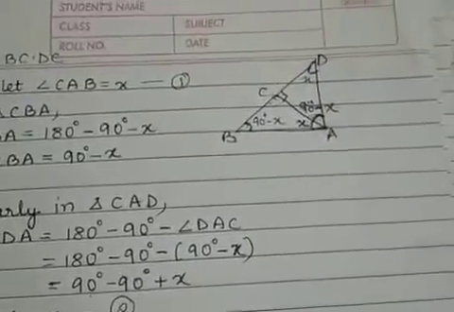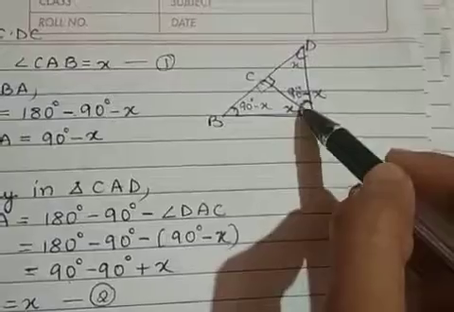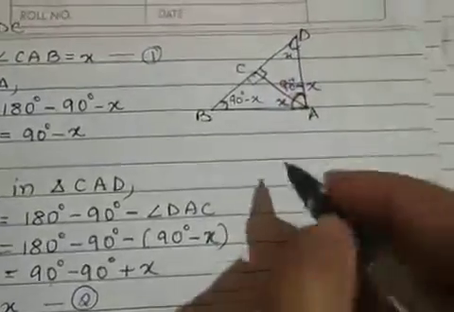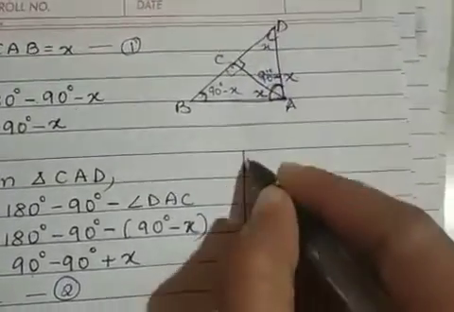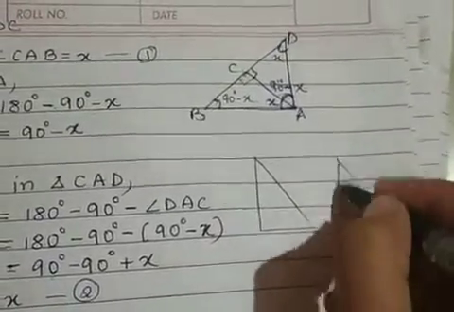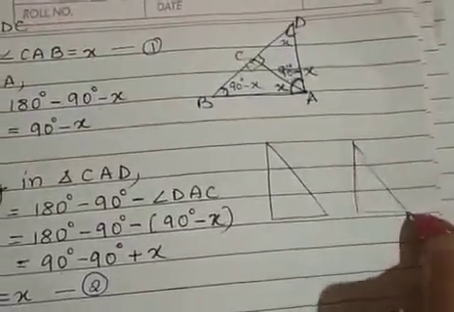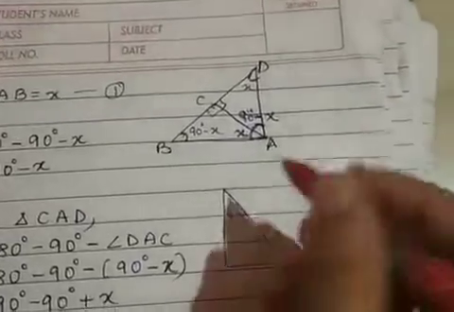Now if you look at the figure, you see this angle is 90 degrees, and this angle is equal to this angle. So which are the two triangles that you have to take? The triangles are to be taken in such a way that the angles should be corresponding and sides also should be corresponding sides.